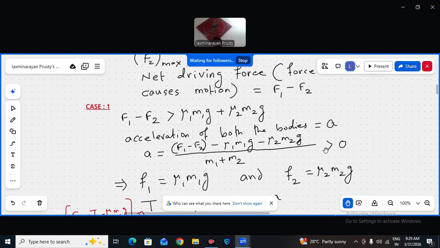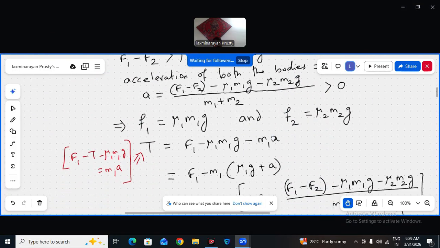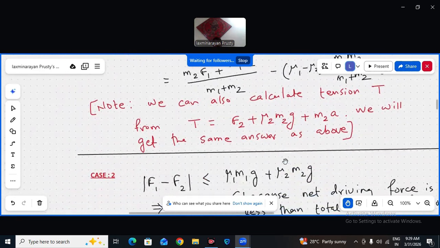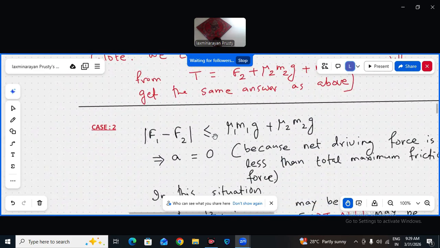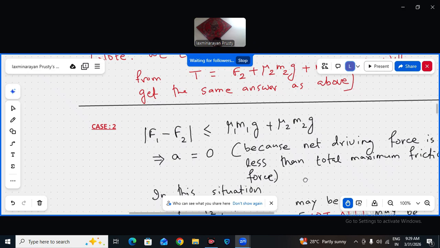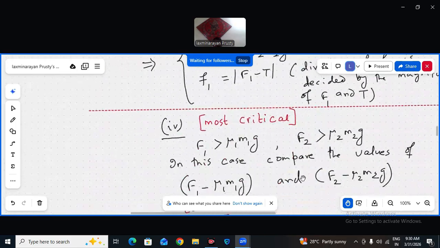This is the case one, when net driving force is greater than maximum friction. But this is the case when net driving force is less than or equal to total maximum friction force. This is coming under this case. This is 5, this is 27. So obviously coming under this.